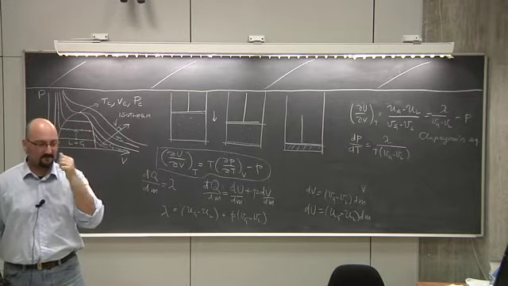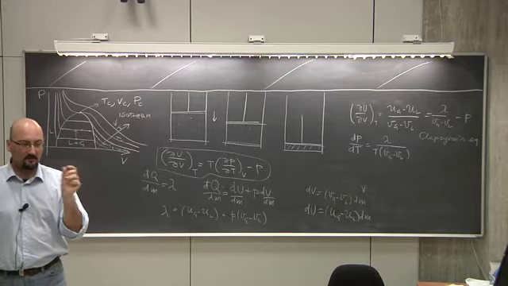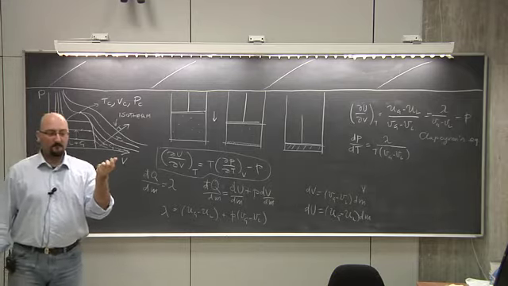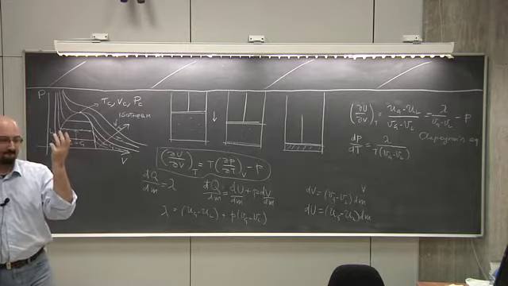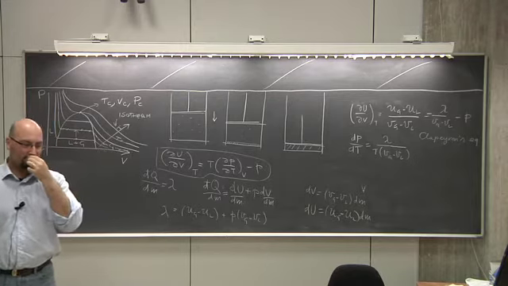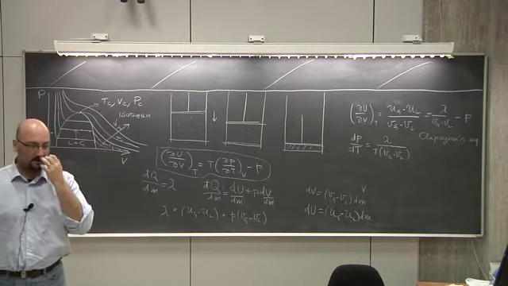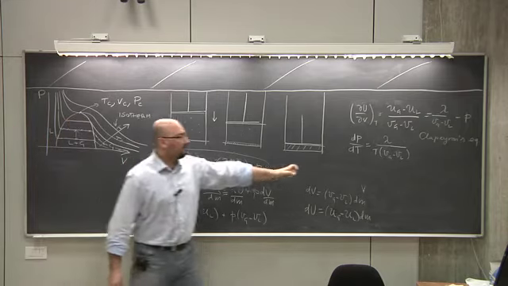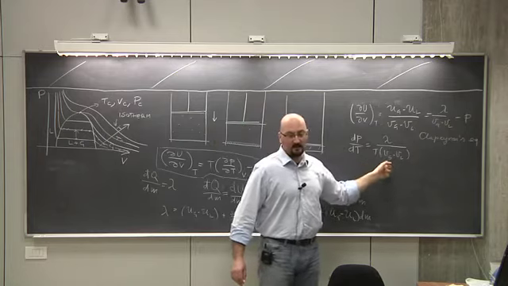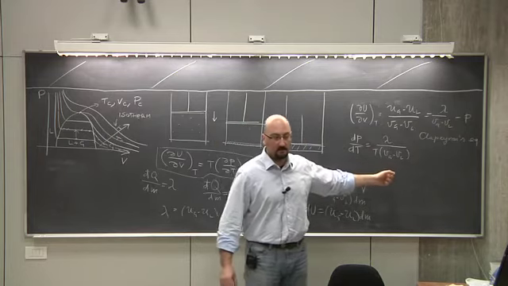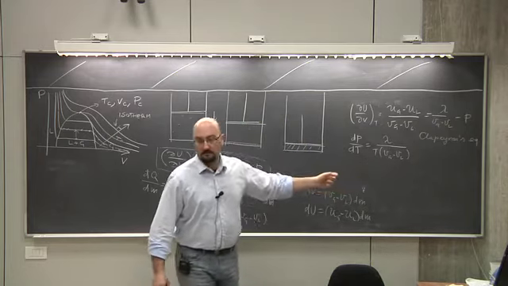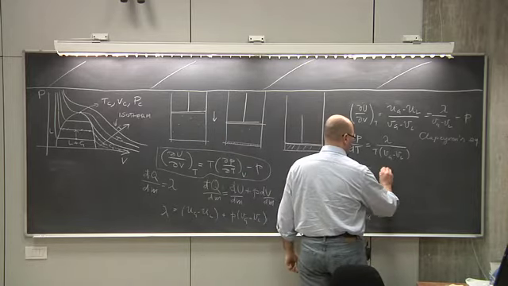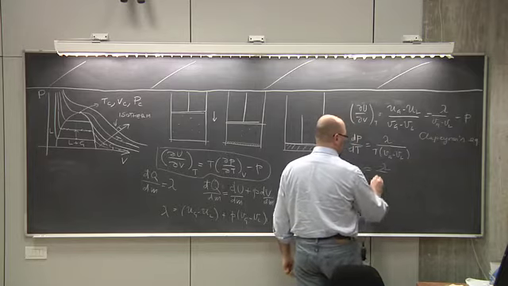That was the original definition of gram. 1 gram of steam takes a much larger volume, right? These are the inverse of the densities. The density of the gas is much smaller than the density of the liquid. So in practice, I can neglect this second term here.